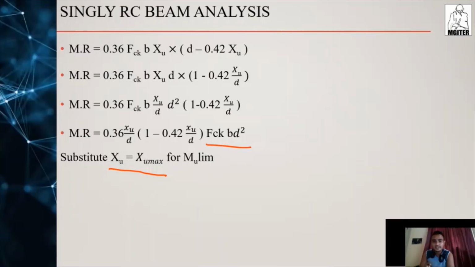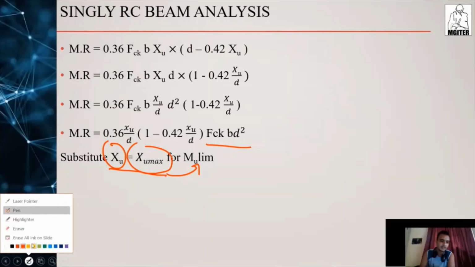So at that depth we call it xu max. If you want details, just watch my previous videos, and you can understand what xu max is and what xu is, and how to derive Mu limit.